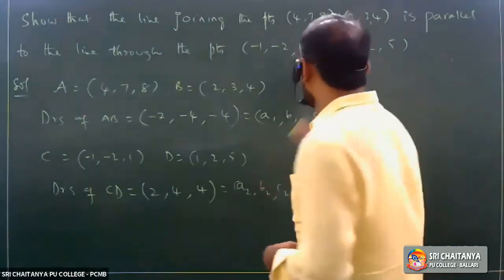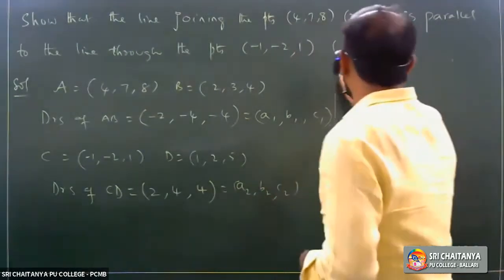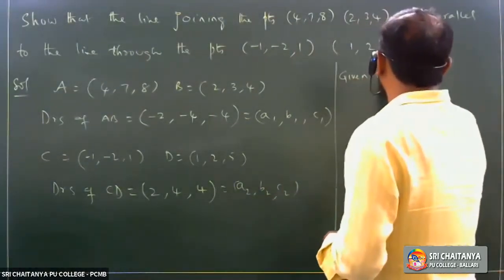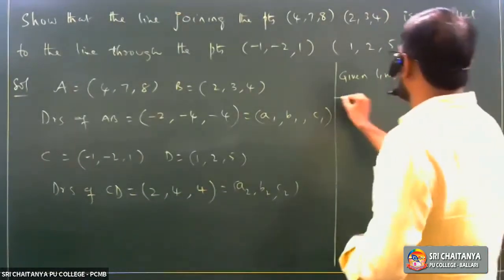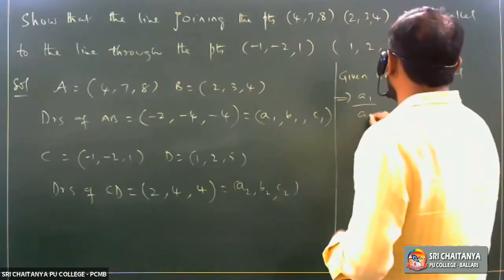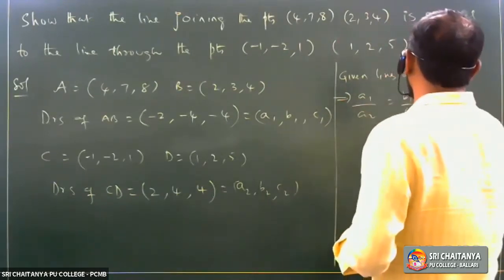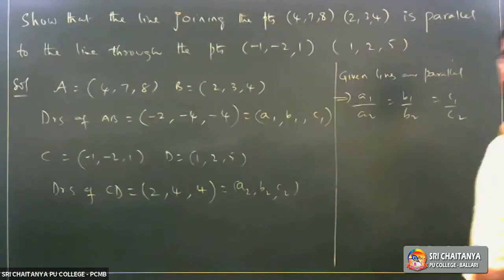I mean to say, given lines are parallel implies A1 by A2 is equal to B1 by B2 is equal to C1 by C2.